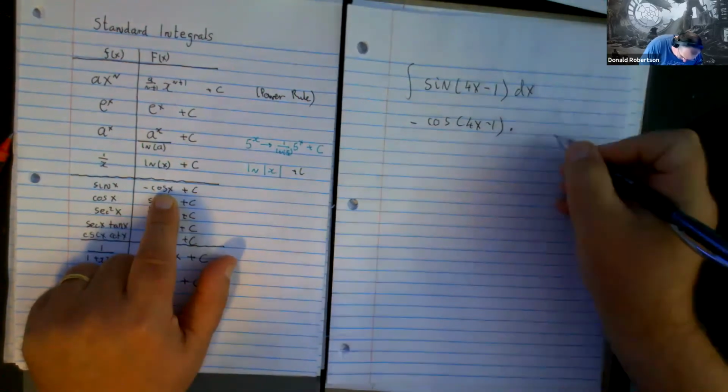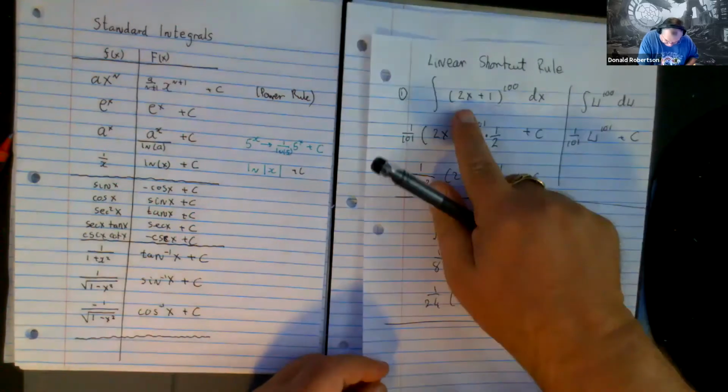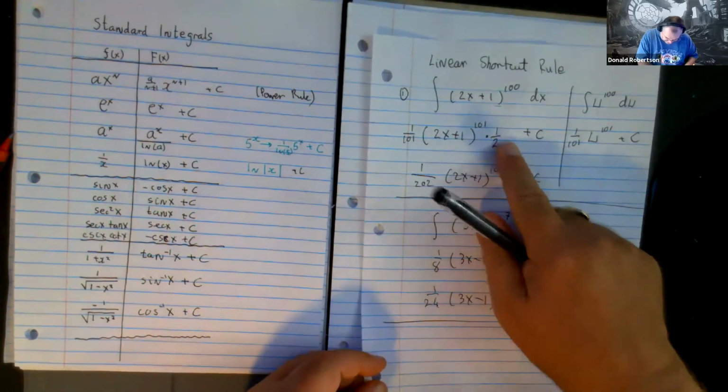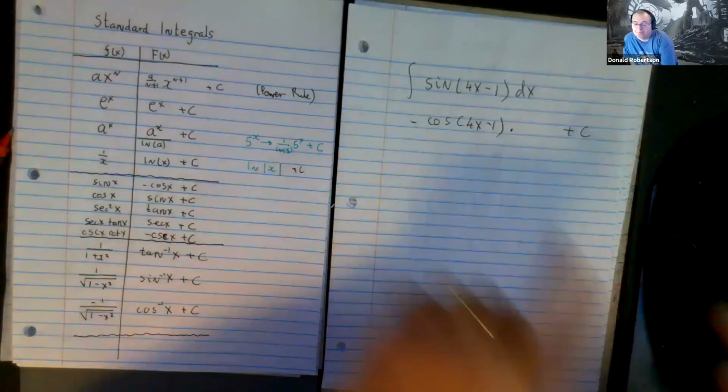times something. When it was 2x plus 1, you times it by half. When it was 3x minus 1, you times it by a third. Oops. What will we multiply this guy by?